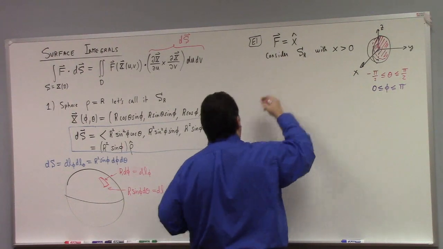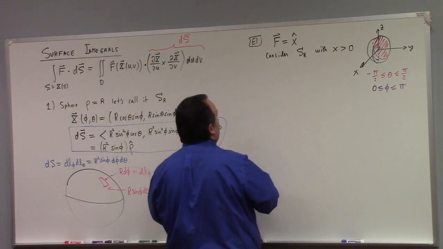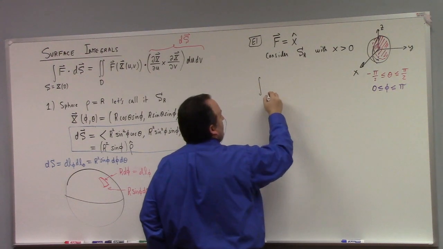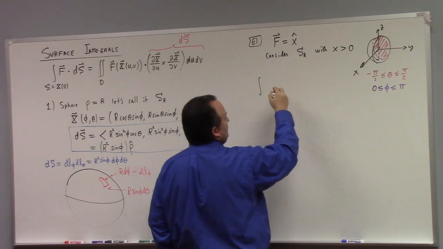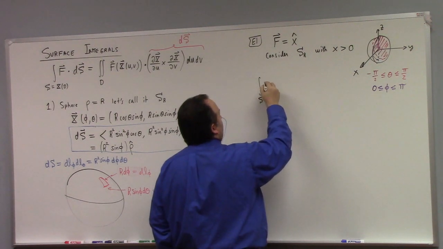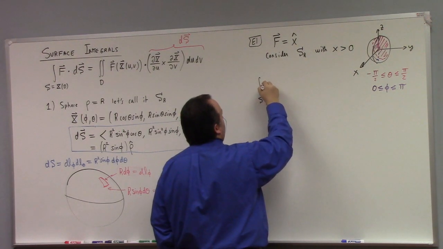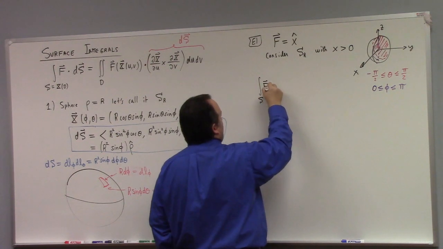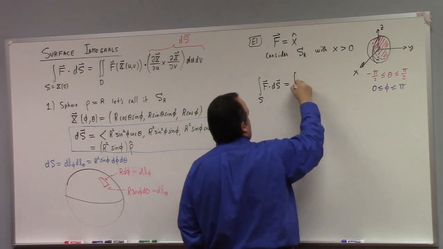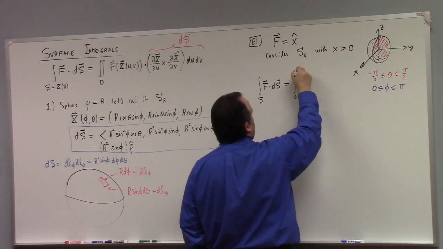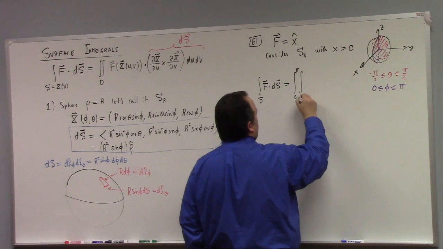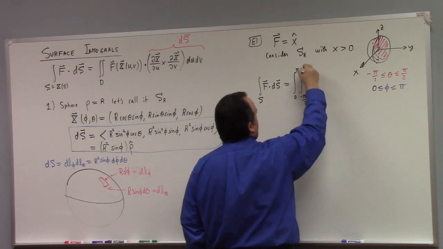So, all right. Let's calculate the flux. Here we go. So we've got the integral over, I'll call this thing S for lack of imagination. And so we're looking at F. I'll start out with my generic notation and then I'll put in what this is. So we've got the integral from 0 to pi, the integral from minus pi over 2 to pi over 2.